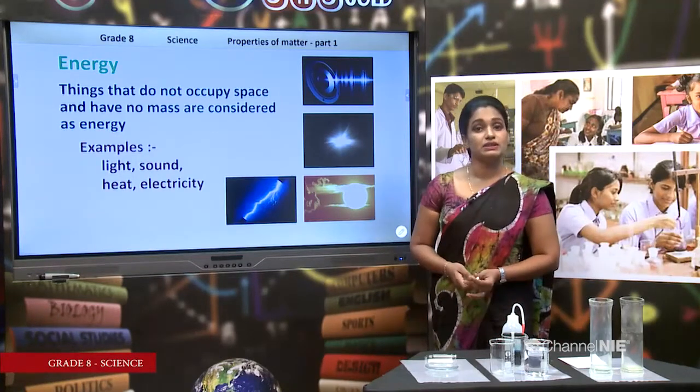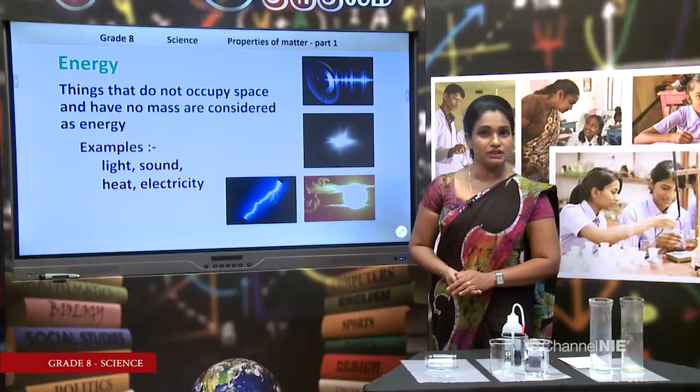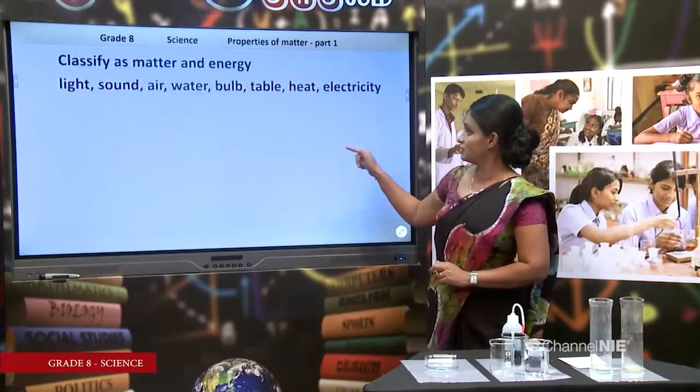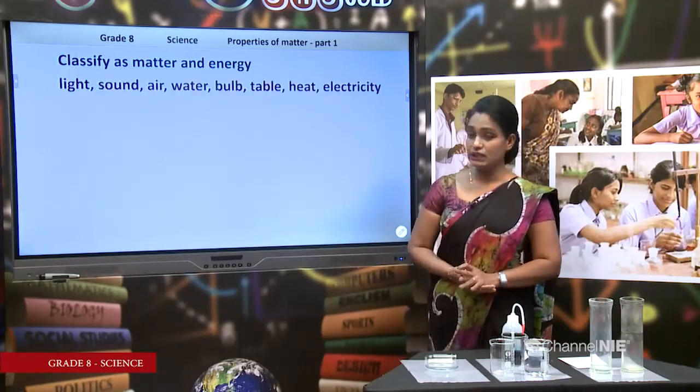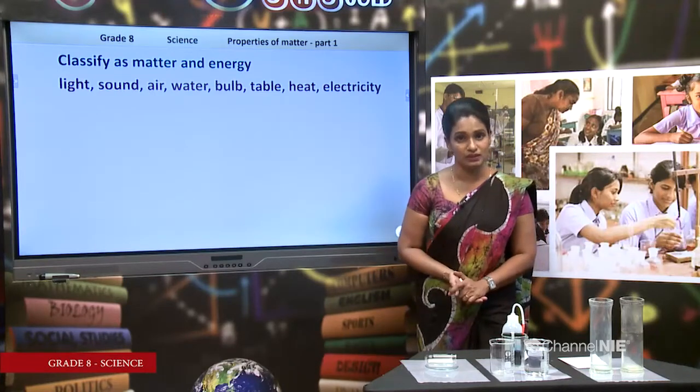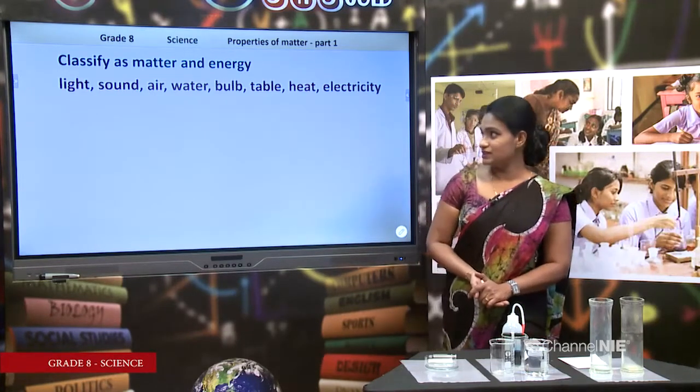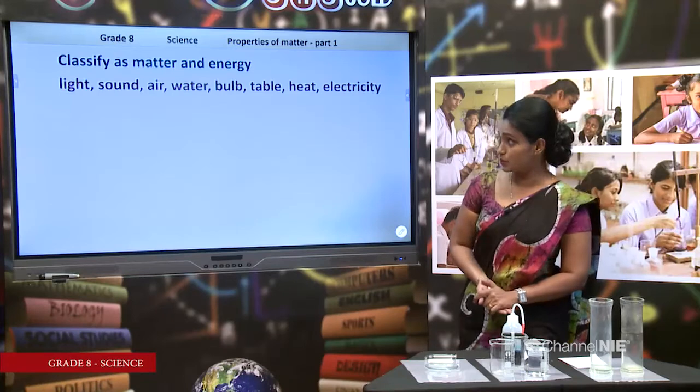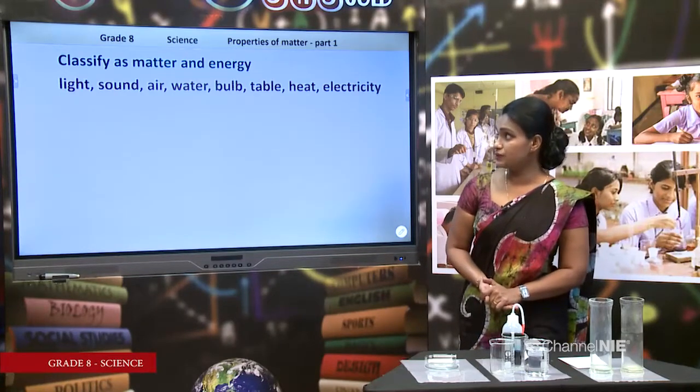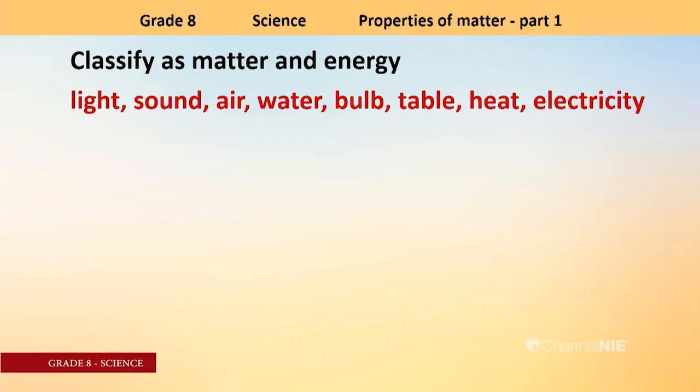So, let us go to a small activity now. Here you have been given a list of words. You are asked to classify them as matter and energy. Okay, shall we check one by one? First, light.